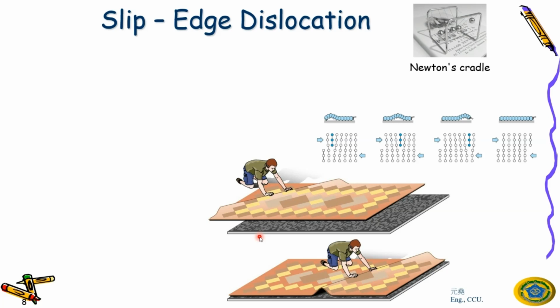Understand? They don't use brute force. They just move it one by one. You know, it's like this worm. When he wants to move, he won't put down all his 10 legs and move around. He will luki, you know. He will move like this. I'm sorry, I don't know how to say it in English. And this saves energy and saves time, right? So this is the theory of dislocation.